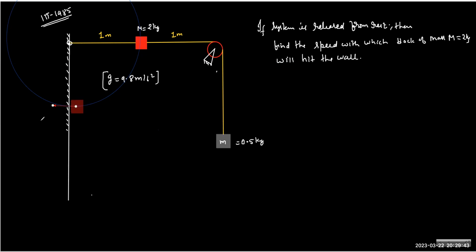Correct? So let's call it V2. And by the time you are going here, the block will rise. And what will be the direction of motion of the block? It is going to be upward only. And we will call it V1.